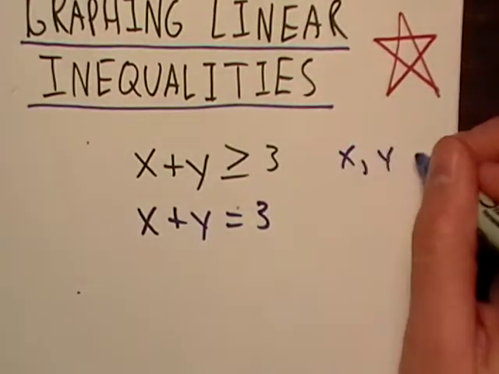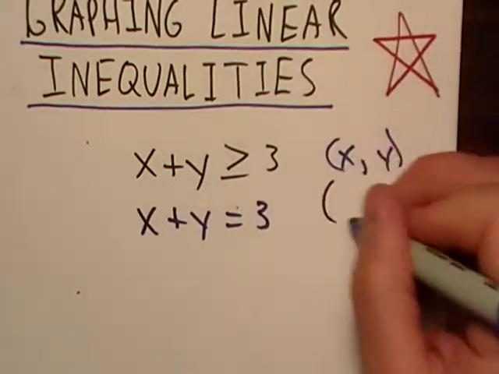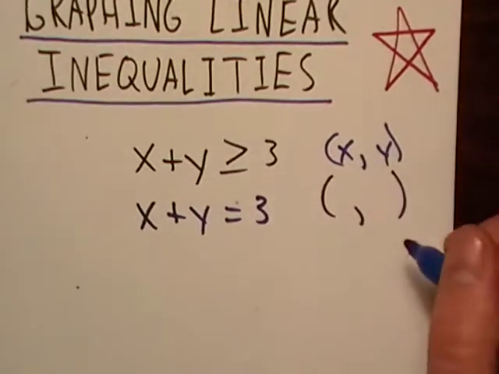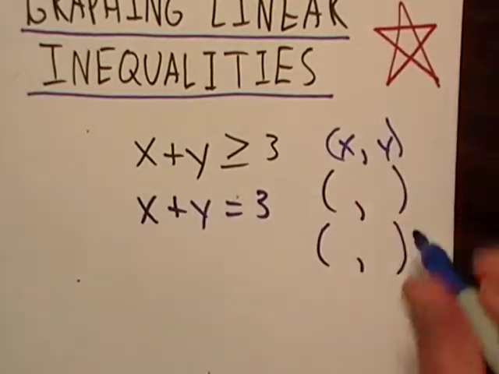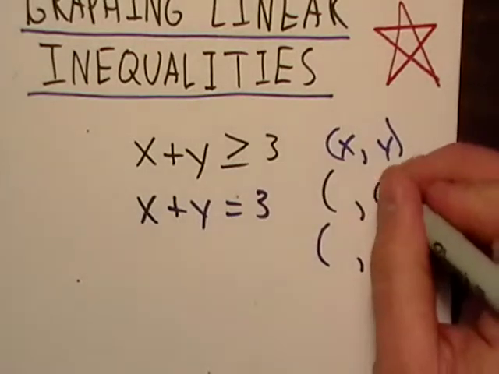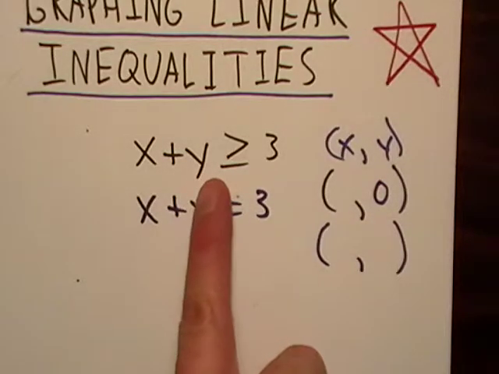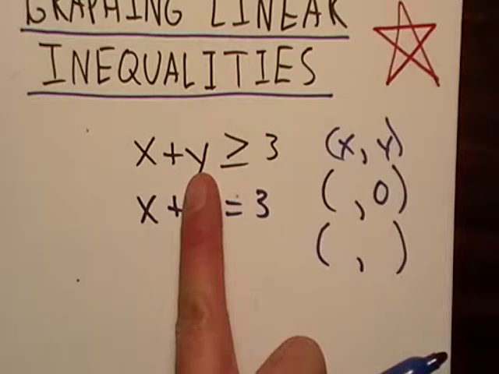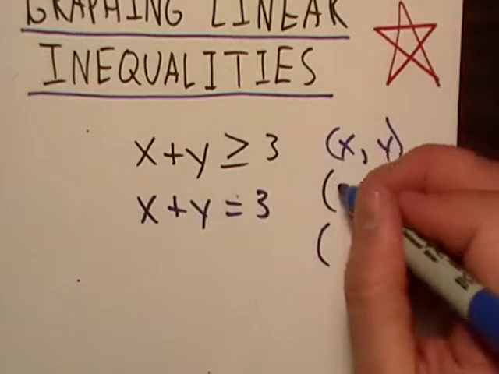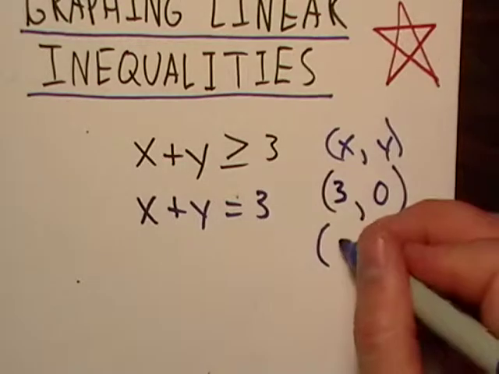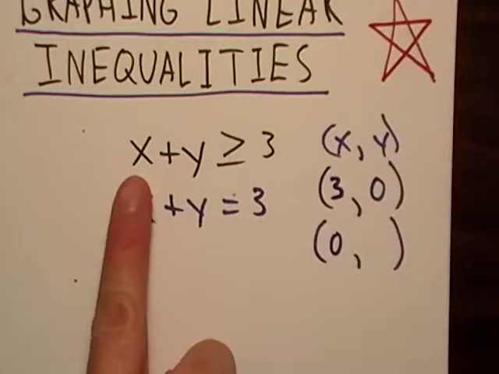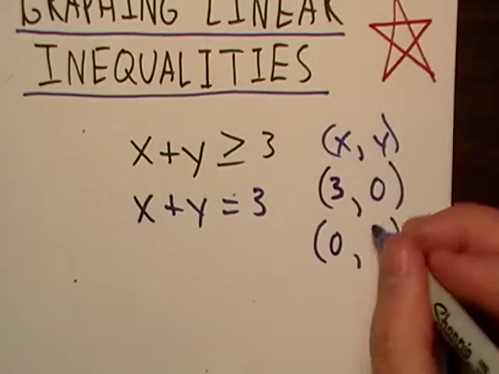We'll use the same technique. If I put 0 in for y, x is equal to 3, isn't it? And likewise, if I put 0 in for x, y is equal to 3, isn't it?